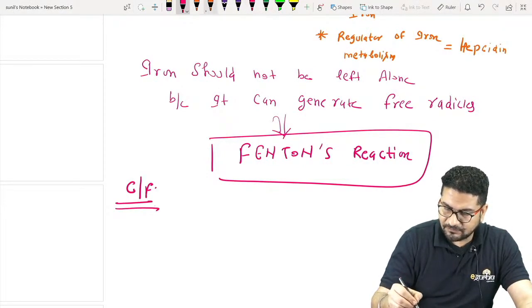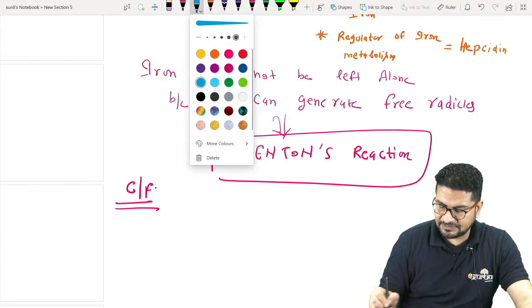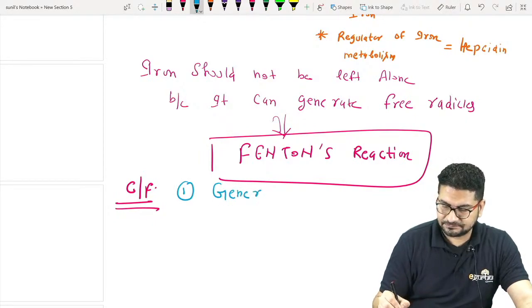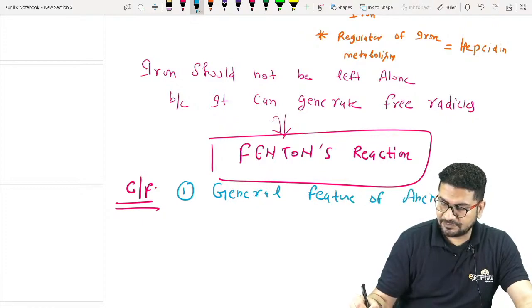If I say, what will be the clinical features in iron deficiency? What symptoms can the patient develop? First, the patient can develop general features of anemia. What are the general features of anemia?